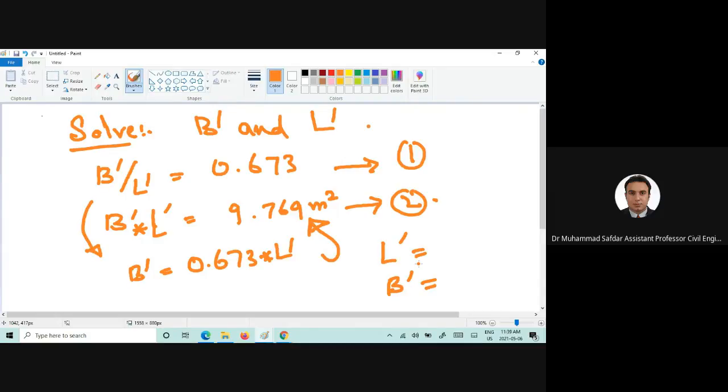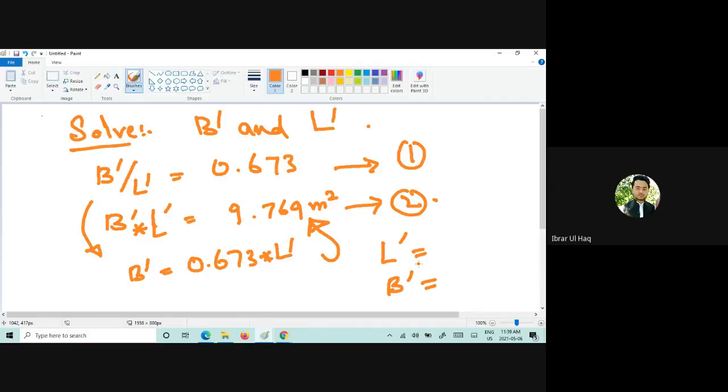We are not just assuming, so we can assume in the first trial, but in the second trial we are going a little bit strategically and logically, that we are going to increase with a certain ratio those B prime and L prime, and consequently we can increase the B and the length of the foundation. So please kindly give me the value of L prime and B prime.